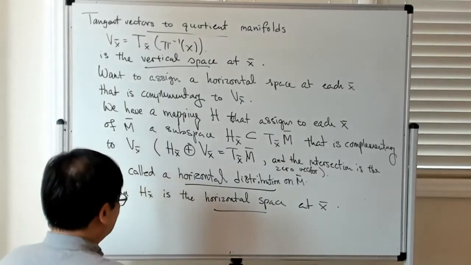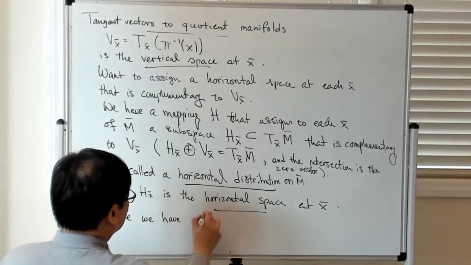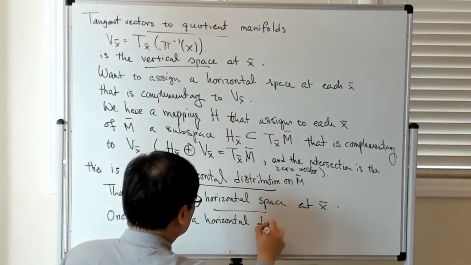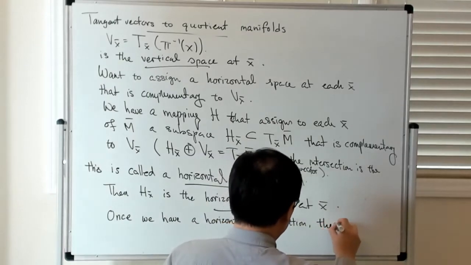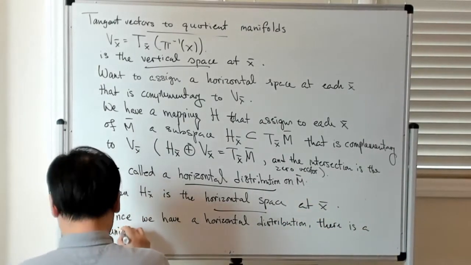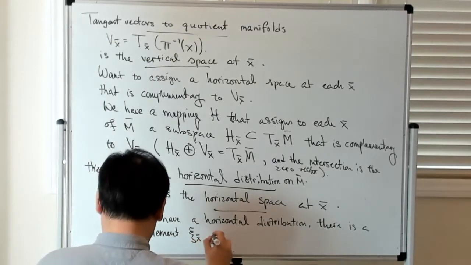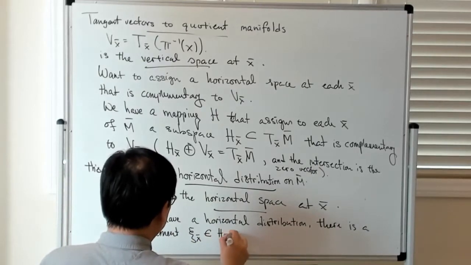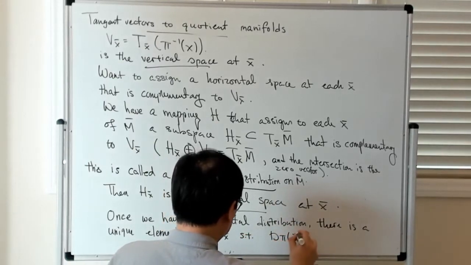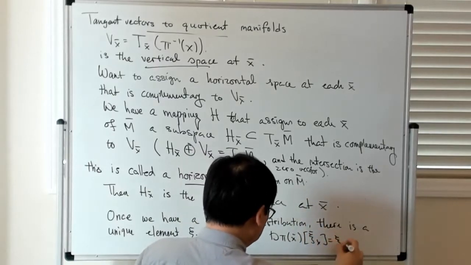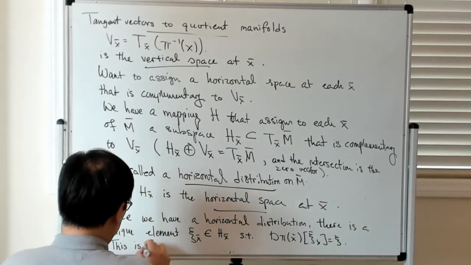Then there's a unique element C bar at x bar, contained in the horizontal space, with the property that it projects to the C. This unique element is called the horizontal lift.